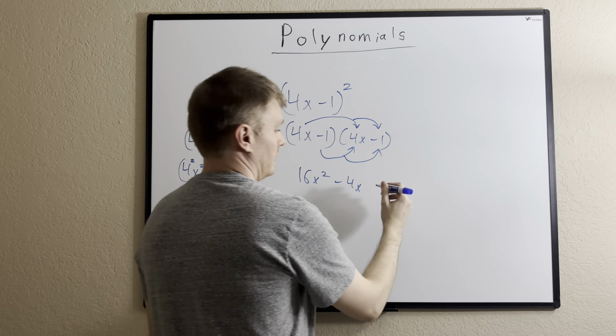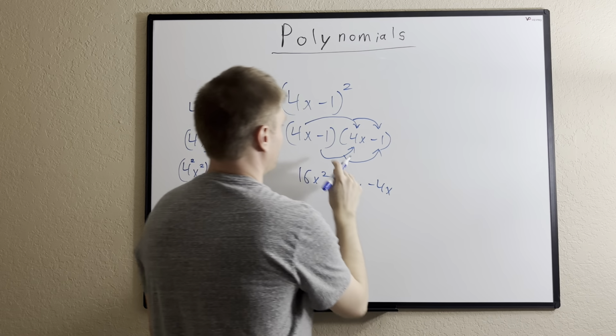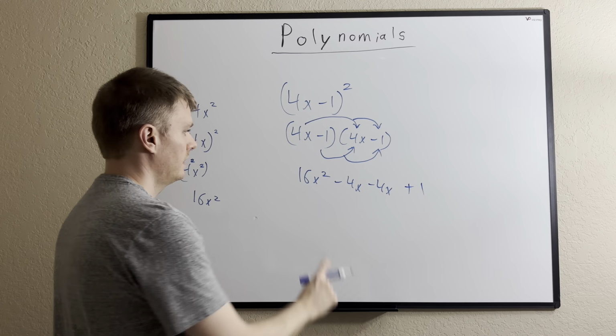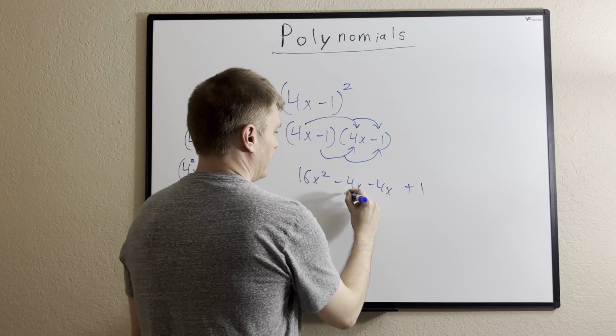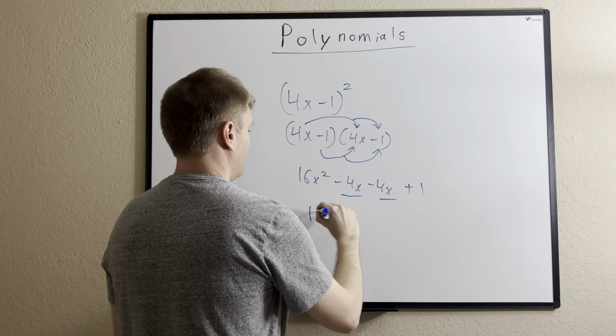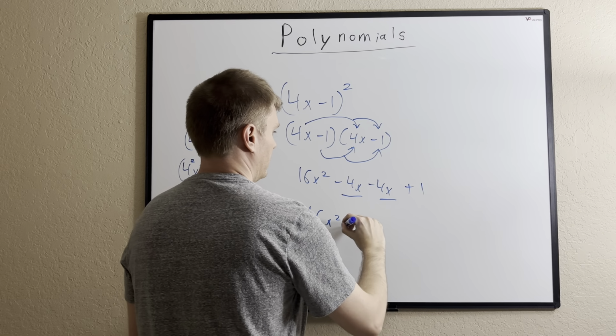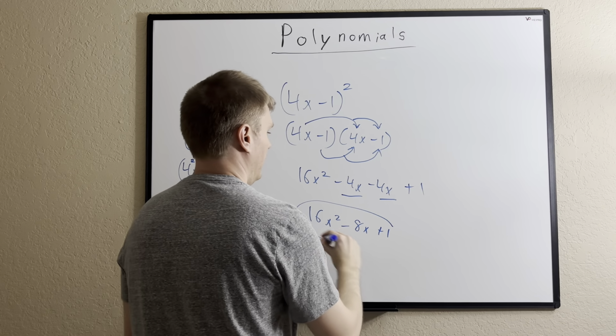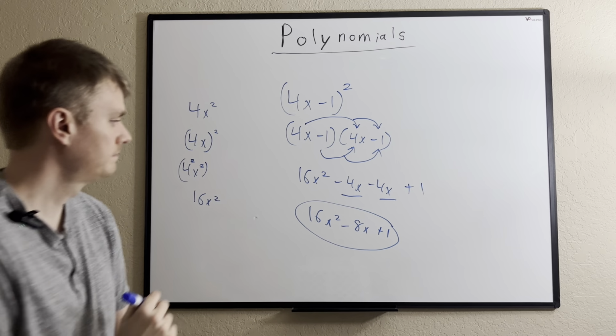Negative 1 times 4x, minus 4x. Negative 1 times negative 1, positive 1. Combine like terms. And there you go. All done.